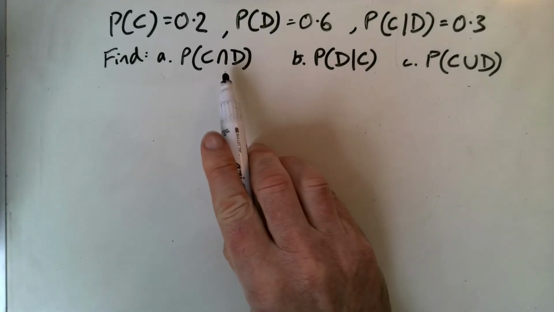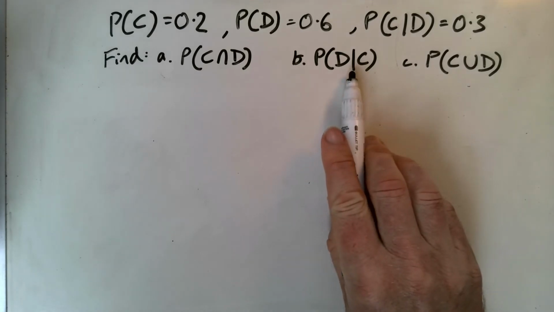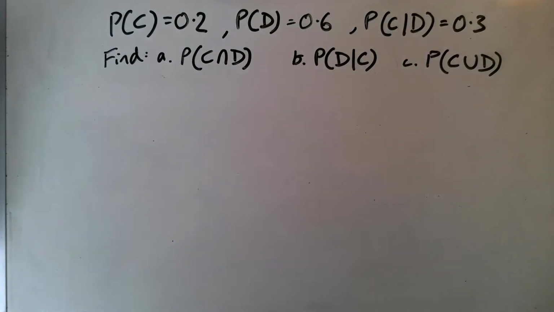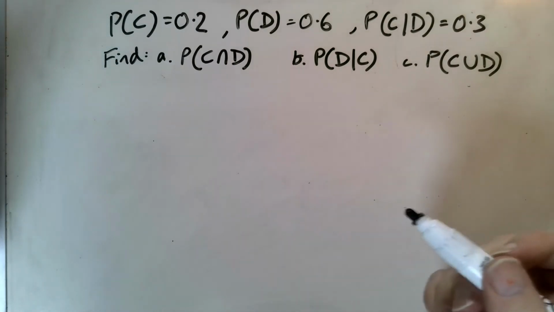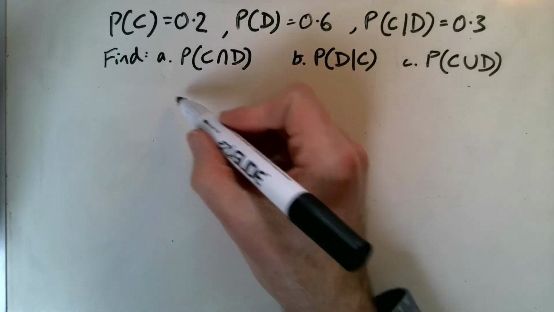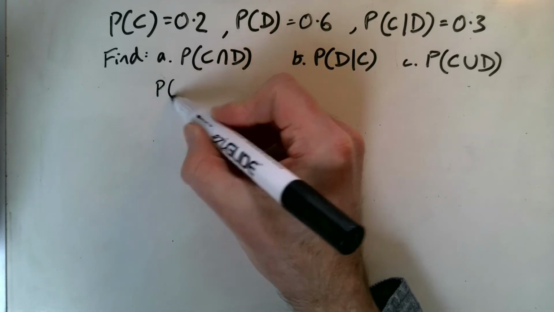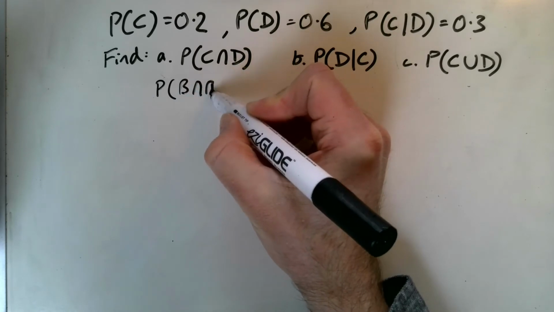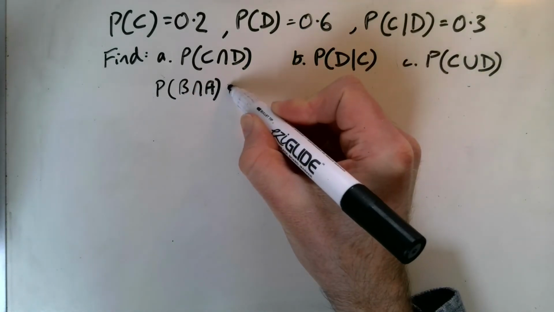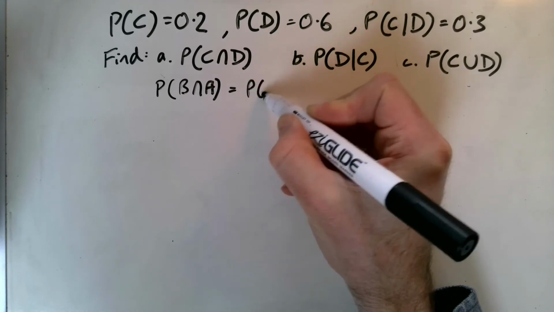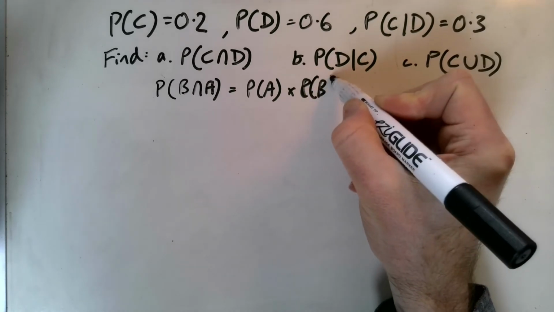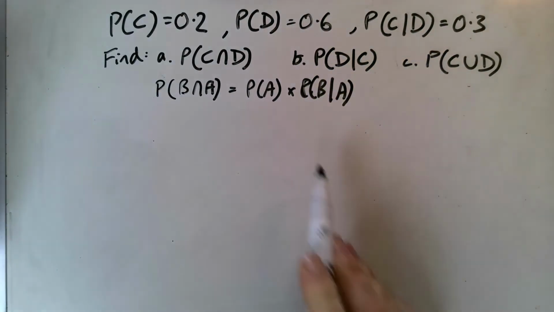A little reminder if you need it. C intersection D, D given C, and C union D. That's any of them, isn't it? That's the and that's the or. Right, so what does our formula tell us? It tells us that the probability of B intersection A, or A intersection B, is going to be the probability of A times the probability of B given A. Now this is important.